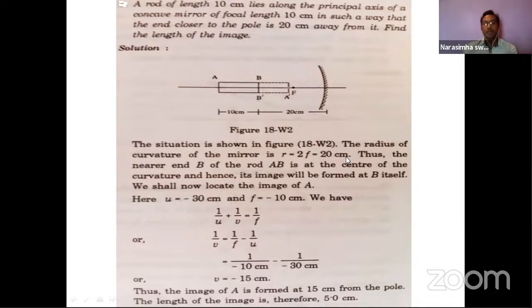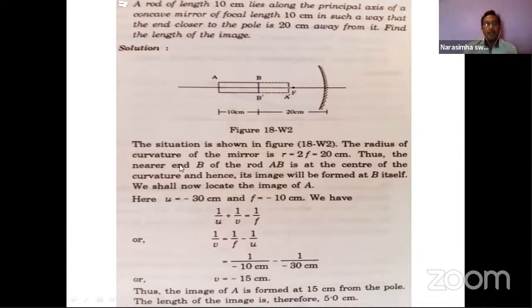I hope you understood the logic here. Now exactly see the figure: 20 centimeters is the distance from the first edge of the rod to the pole of the mirror, which is given in the problem. So what you understood is that this edge of the rod is exactly at the radius of curvature of the mirror.